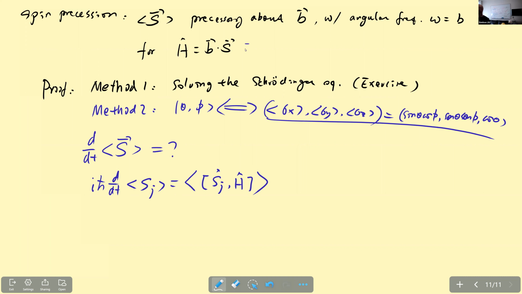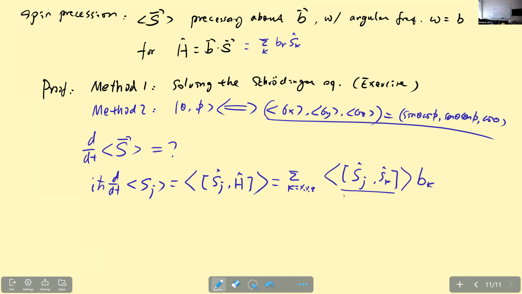And now this Hamiltonian can be written as a summation of k, bk, sk, right? Okay. And now this one can be written as a summation over k equals x, y, z, and the average of this Sj and sk commutator times bk, right?